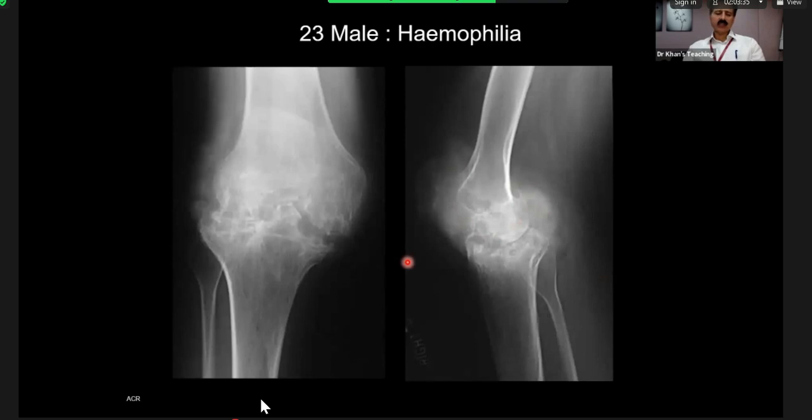I will take this finding with a pinch of salt, but it is given in literature, so that's why I am showing you. This is the only way to differentiate between the two. If it is a young male patient, otherwise the radiology might be very similar.